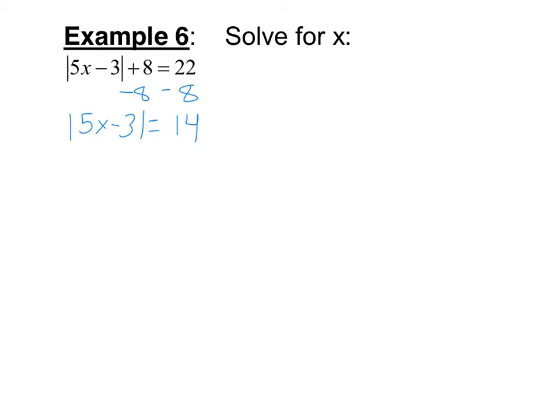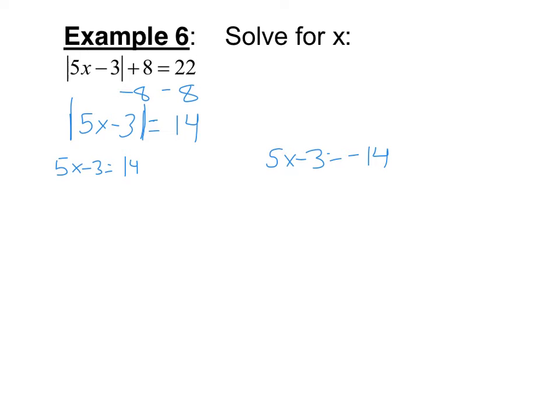Now, see how we have isolated the absolute value to be by itself. Meaning, everything on the left side is the absolute value only. We moved everything else over. So now we're ready to do the 5x minus 3 equals 14 and 5x minus 3 equals negative 14.